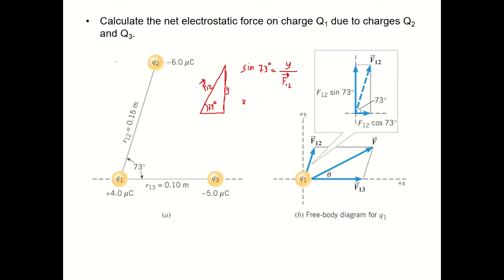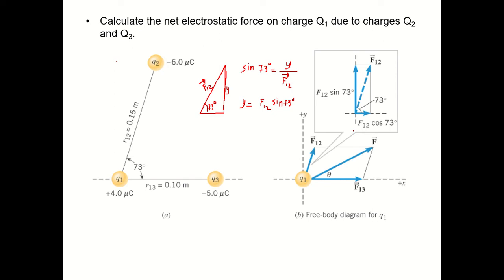So y therefore is equal to the product of F sub 12 multiplied by sine of 73 degrees. Okay, so this is it. This is the y component.